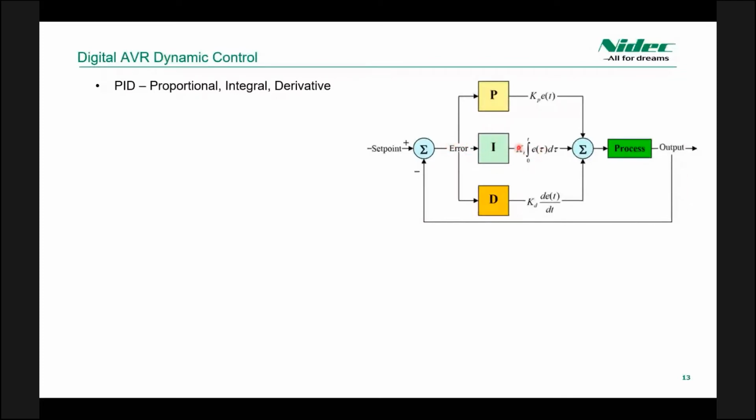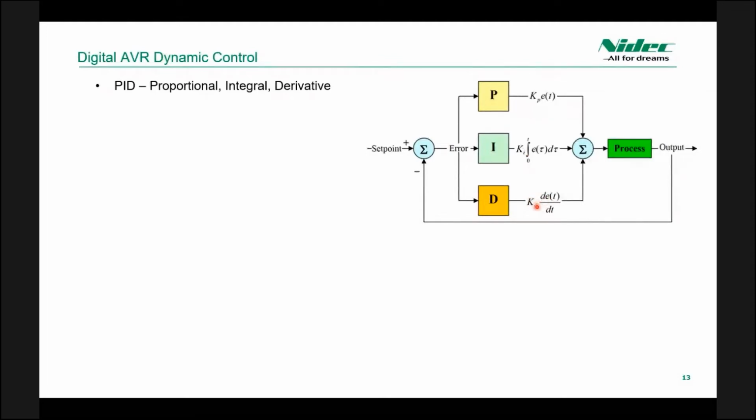The integral is going to take a sum of errors over time to understand the trend of the error. Basically, are we hovering around the set point, going plus and minus all the time, or is it heading in one direction below the set point or heading in one direction above the set point? And then the D, standing for derivative, is going to take a look at how quickly the errors are changing.